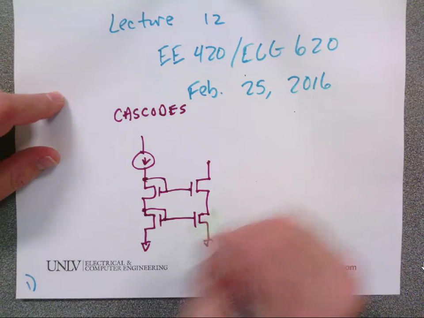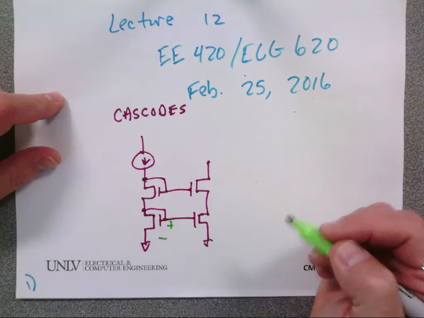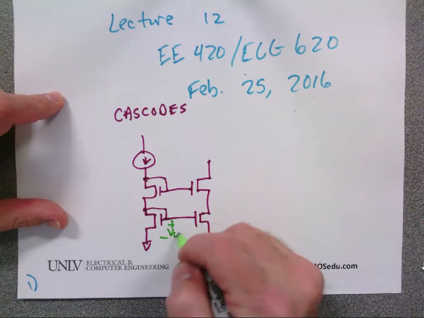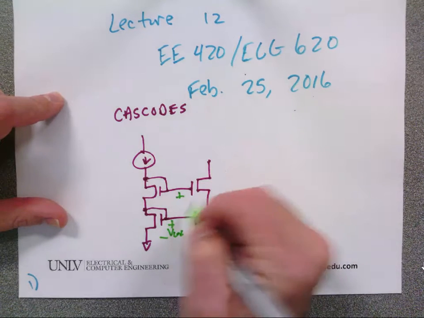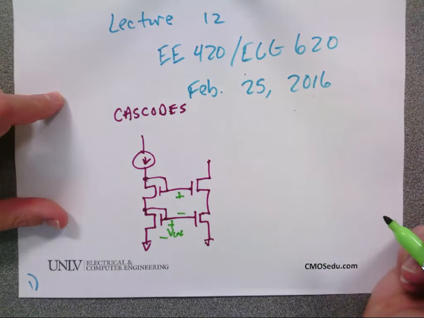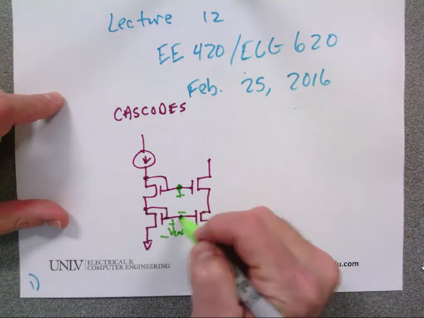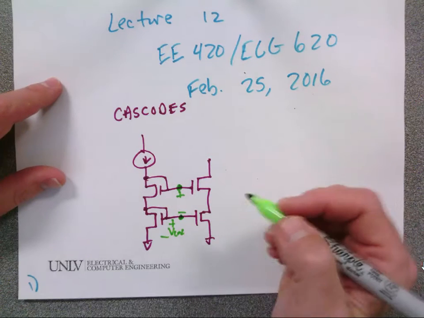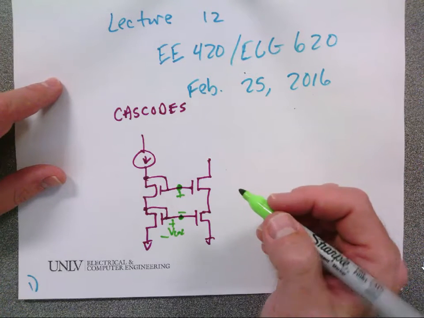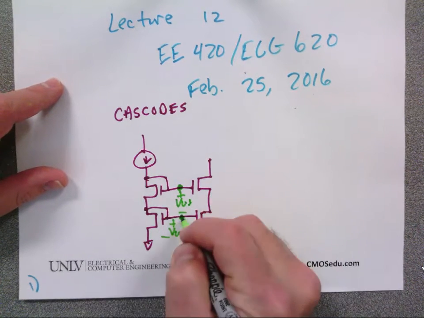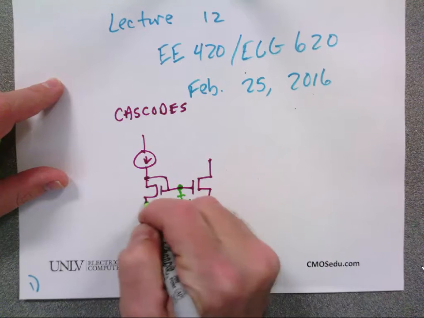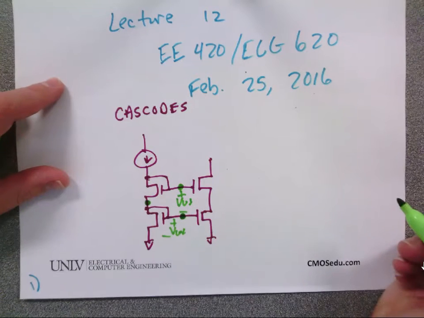Okay, what's this voltage? What's the voltage between here and here? I put my meter right here and here. What's the potential difference between this node and this node? It's 0, right?